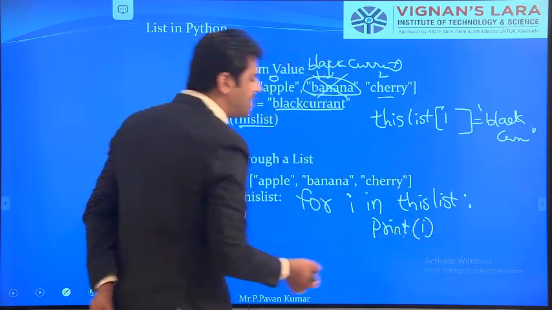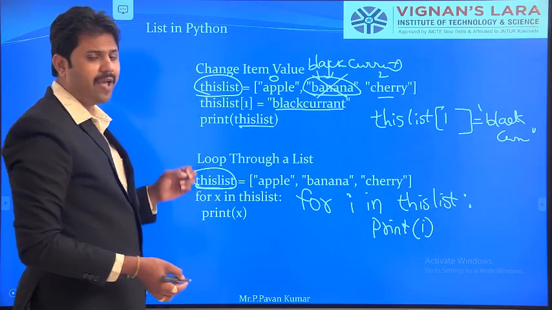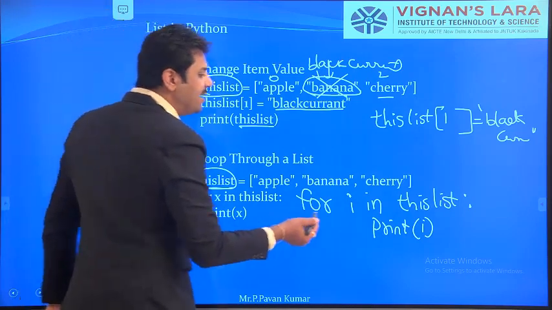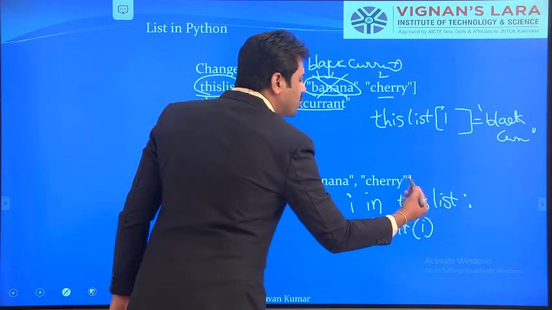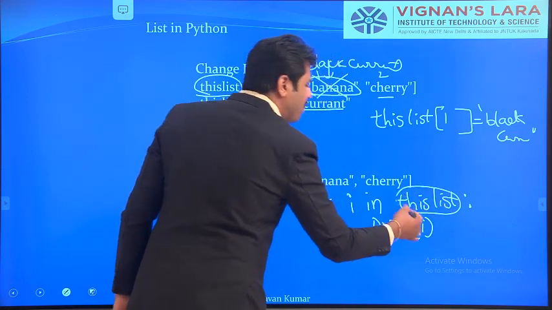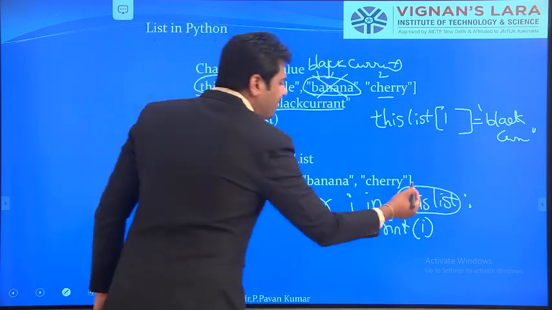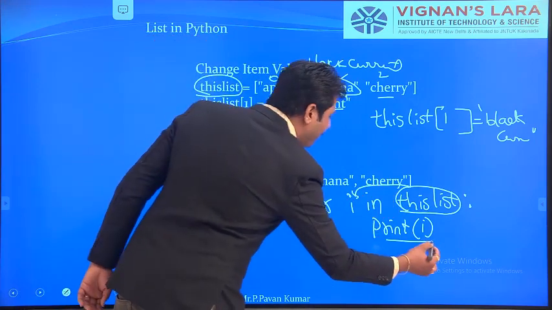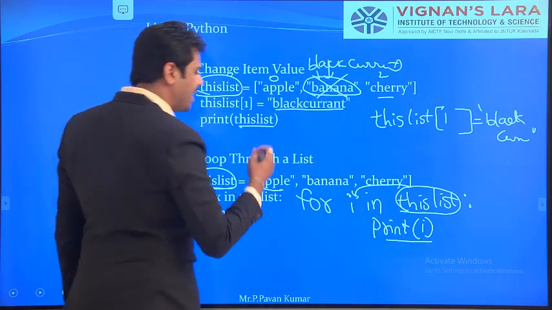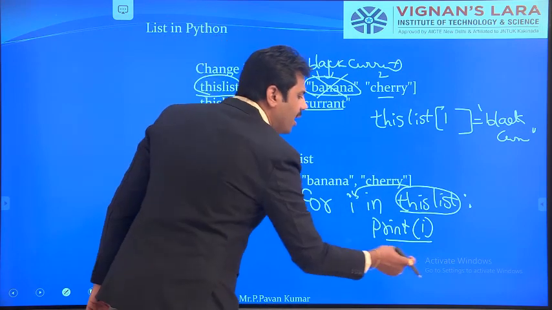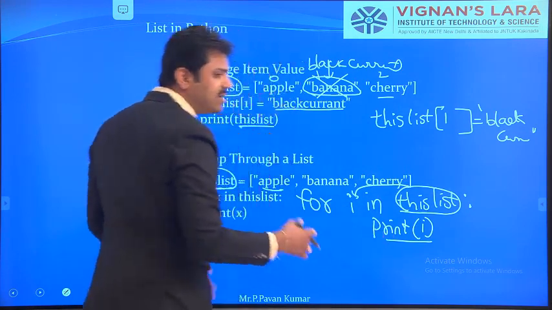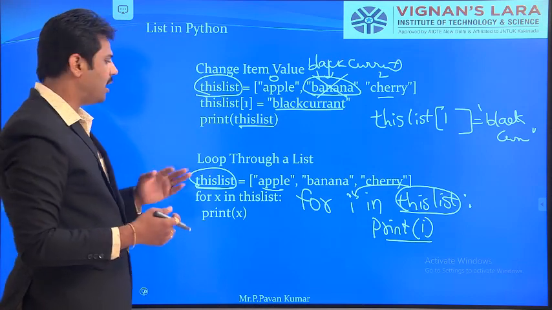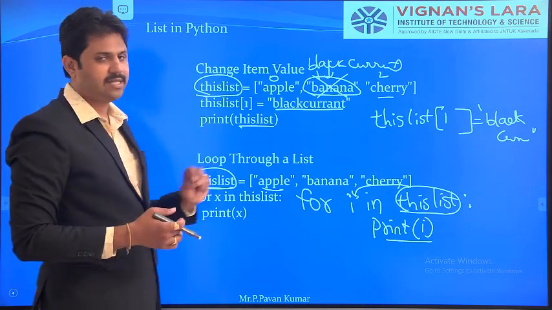If I use a statement like this, it provides the information available in this list. What does this list contain first? Apple. That means it prints apple. Next, for the second iteration, it takes banana. Third iteration, cherry. Like this, it prints all the values in the list.